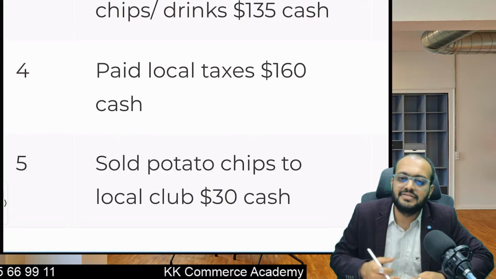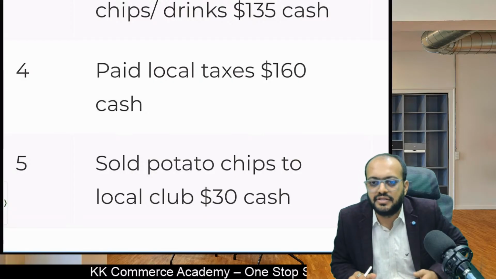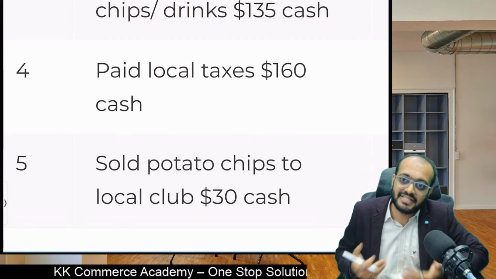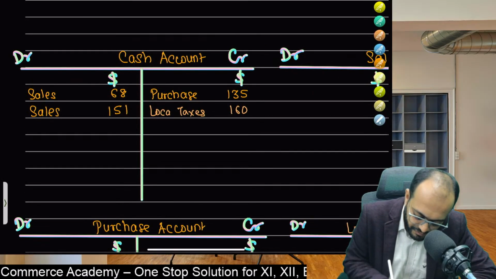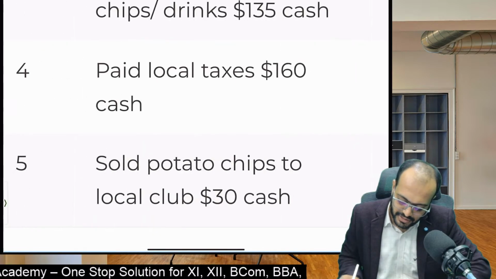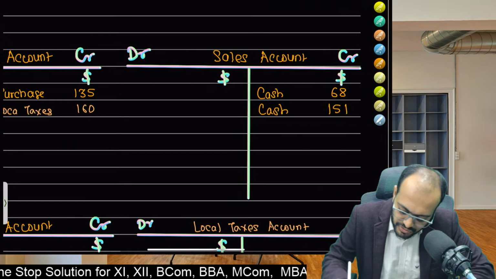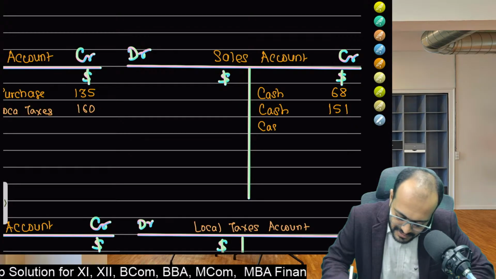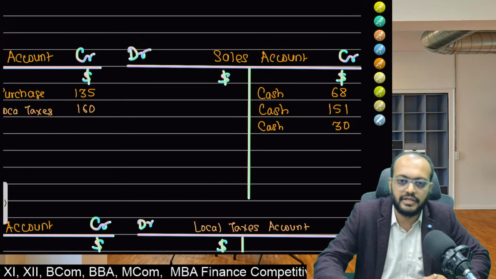So since we are selling this, we have to use sales account. Sales account is our income, it should be credited, income increases. And since we are receiving cash, cash account should be debited. So in debit side of cash, we have to use the name of sales and amount is $30. And in credit side of sales, we have to use the name cash with $30.